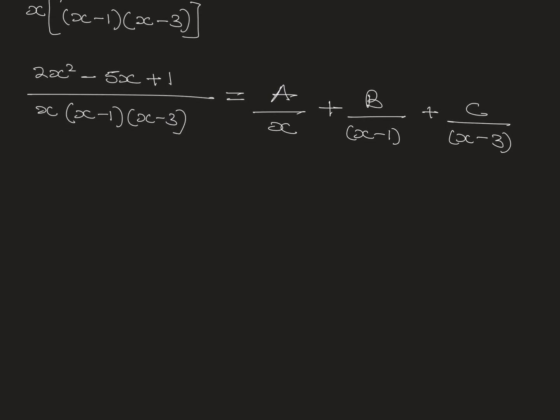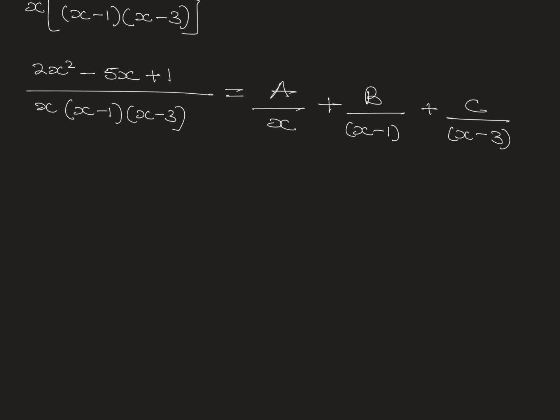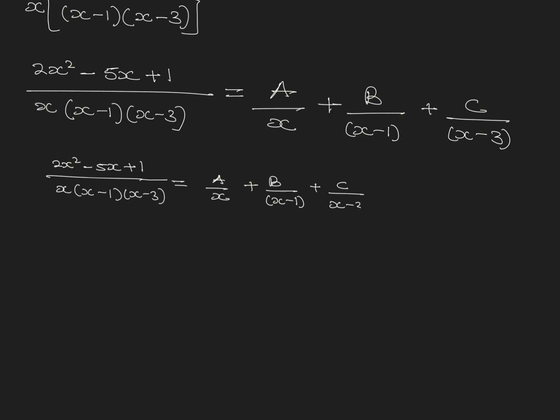So with this, we're going to have 2x squared minus 5x plus 1 all over x into (x minus 1)(x minus 3) equal to A all over x plus B all over (x minus 1) plus C all over (x minus 3).